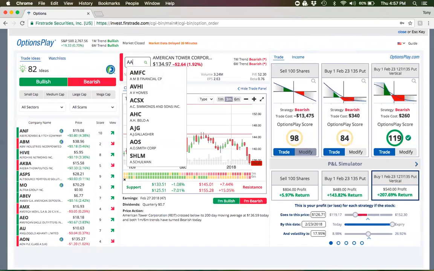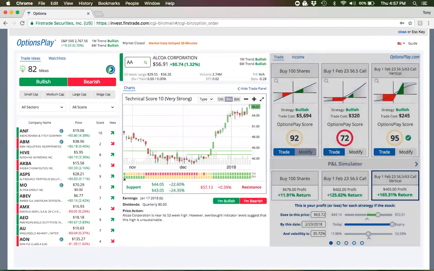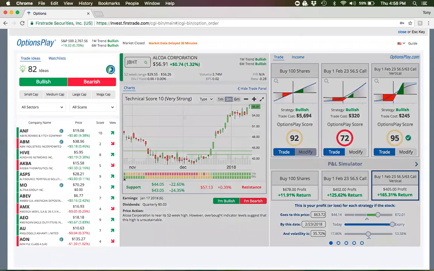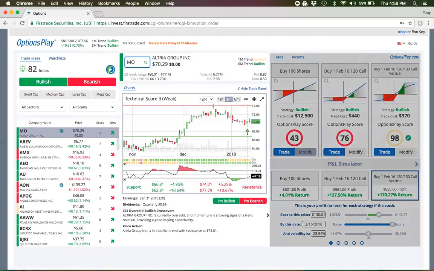See, what does Alcoa look like? That's pretty bullish. Most finance companies look pretty bullish. Oh, that's pretty bullish. MO, Altria. That's also relatively bullish.